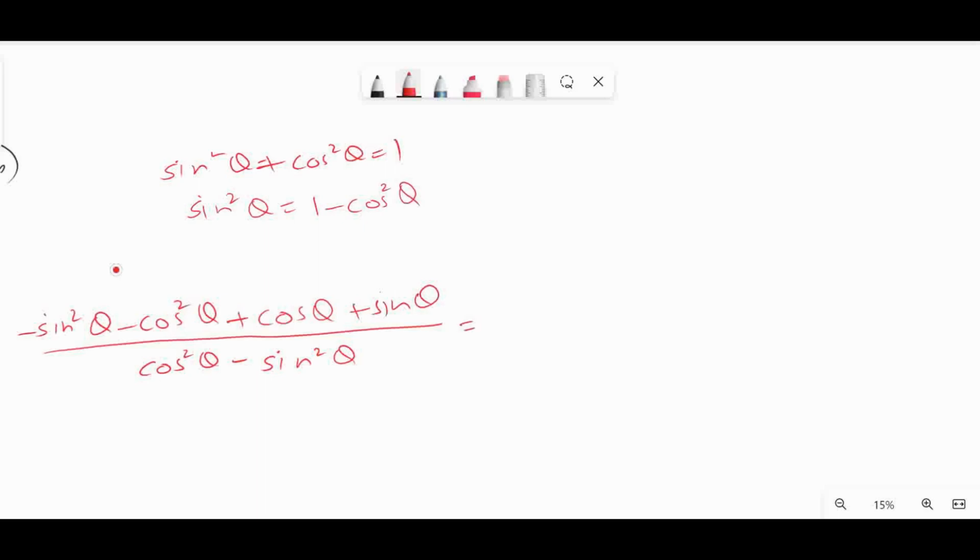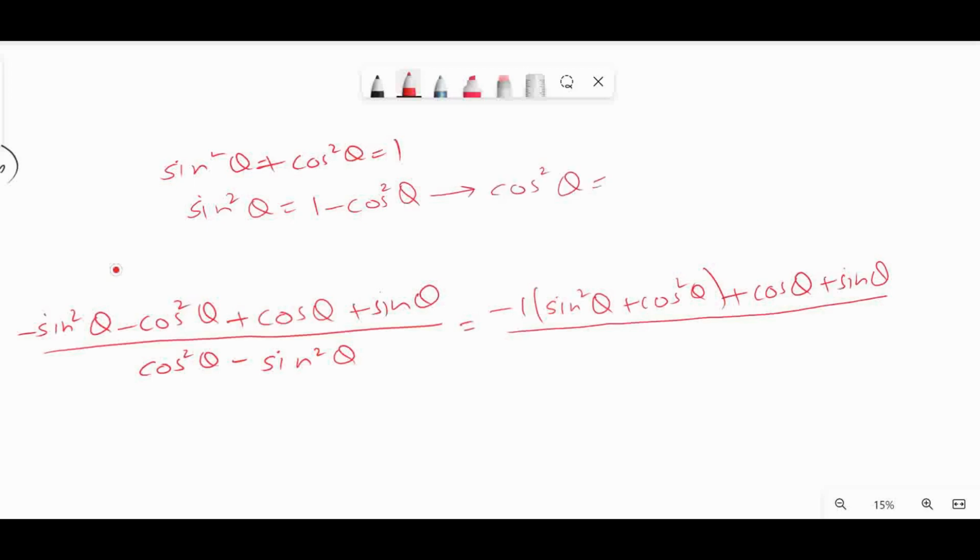In the first two terms we can take minus 1 as common. So this will be equal to minus (sine square theta plus cos square theta) plus cos theta plus sine theta, whole divided by, now we can see that sine square theta is equal to 1 minus cos square theta, and similarly cos square theta will be equal to 1 minus sine square theta.